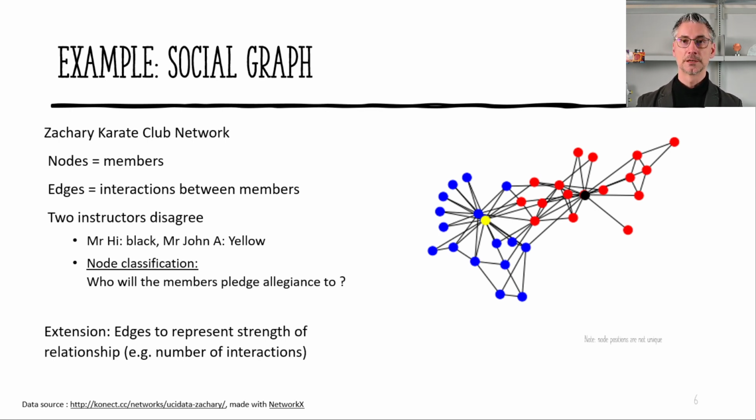A simple task would then be what's called node classification. We want to predict which student will prefer which instructor in the future. We could also extend this a little bit by having edge features. For example, the edge feature could represent the strength of the relationship or the number of interactions the students might have amongst each other.